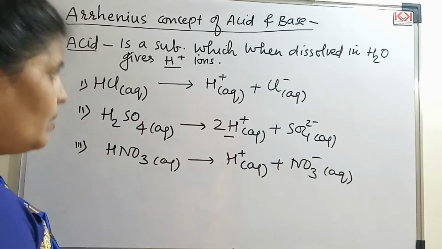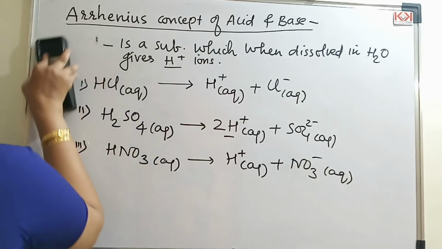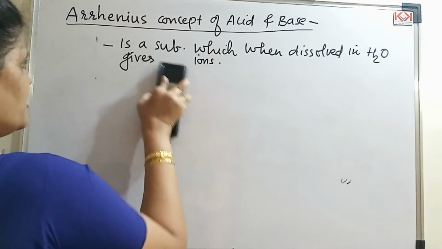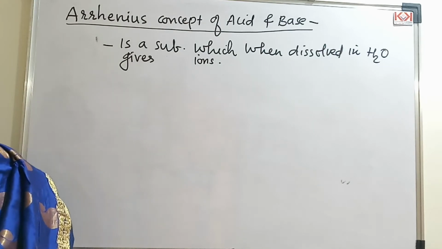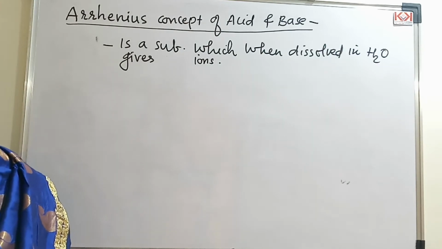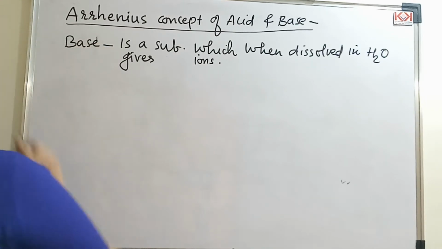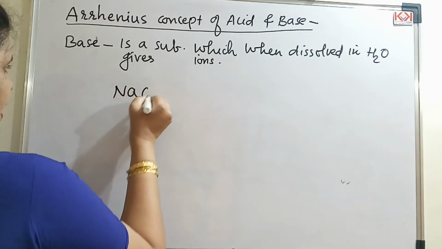Let us see now what is a base according to Arrhenius. So I am just changing this part, student, because the remaining definition remains the same. So let us see what is an Arrhenius base. For that again I am taking one example. I am taking NaOH.